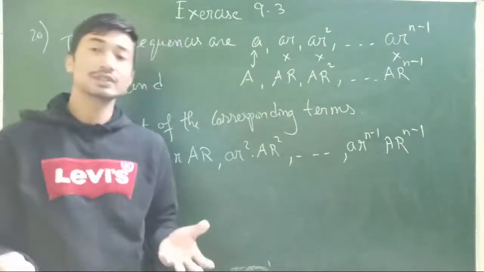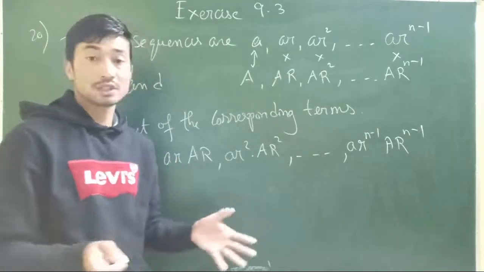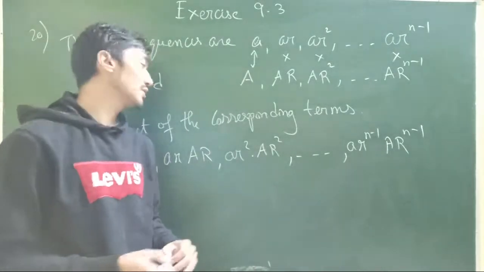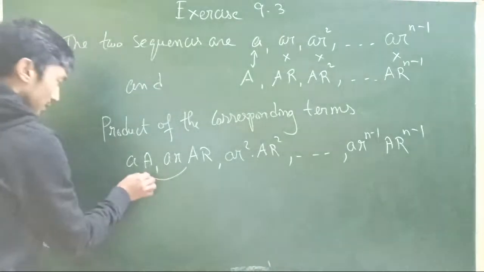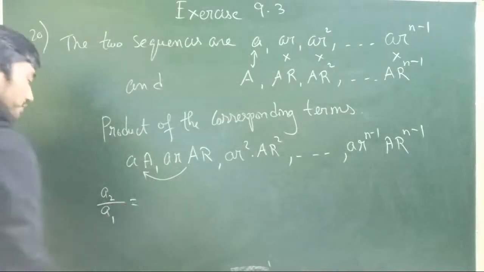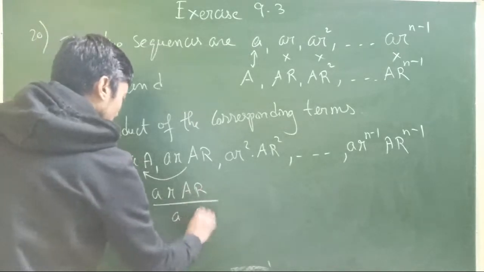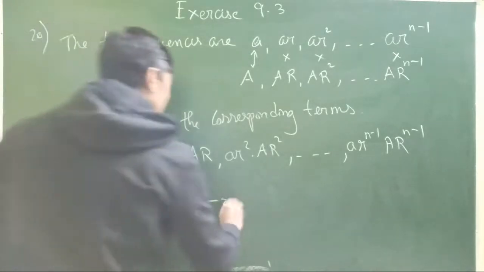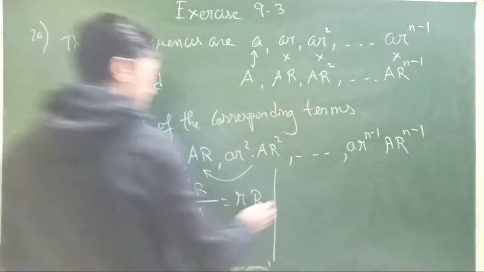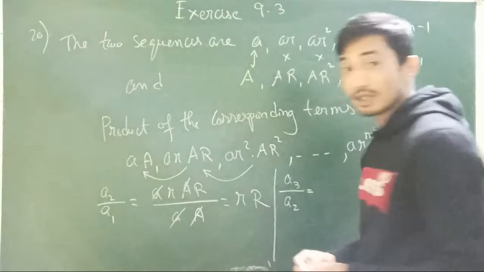How do we prove that it's a GP? Basically, the easiest way is that each and every successive term, the consecutive term, should have a common ratio. If you can get that, bingo, your job is done. Let's see. Let's try to get this common ratio, that is second term divided by first term. AR divided by A, so you're left with R. Okay, let's go for the next two terms, that is the third term divided by the second term.